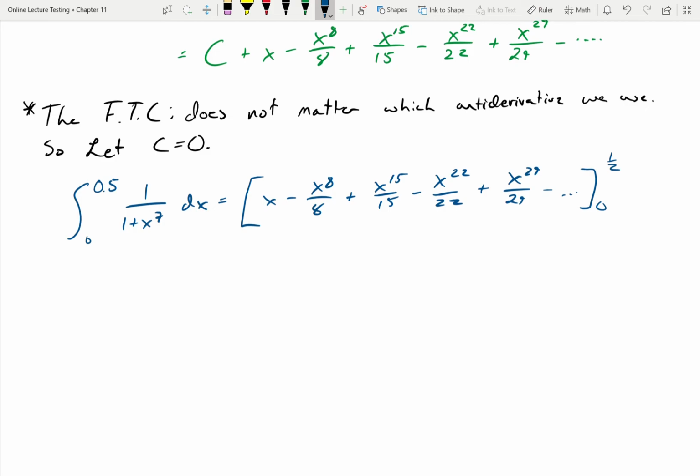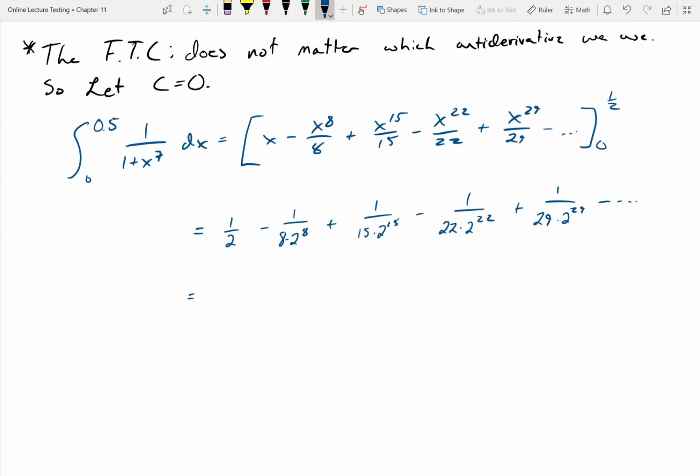When I plug 1/2 in, because if I plug in 0 everything goes to 0, I get 1/2 minus 1 over 8 times 2 to the 8th plus 1 over 15 times 2 to the 15th minus 1 over 22 times 2 to the 22nd plus 1 over 29 times 2 to the 29th and so forth.